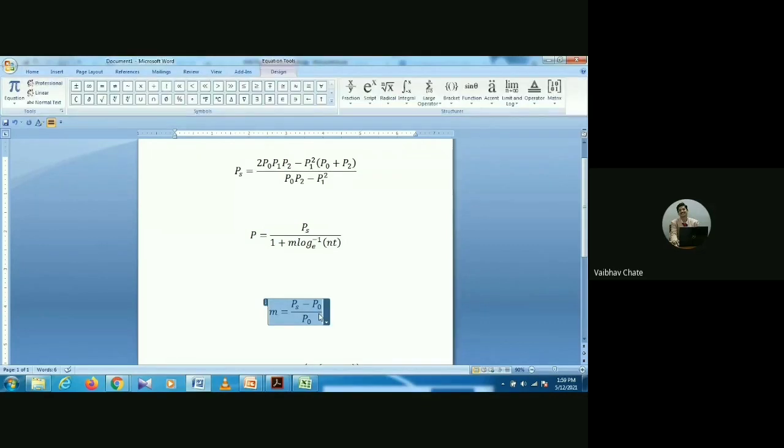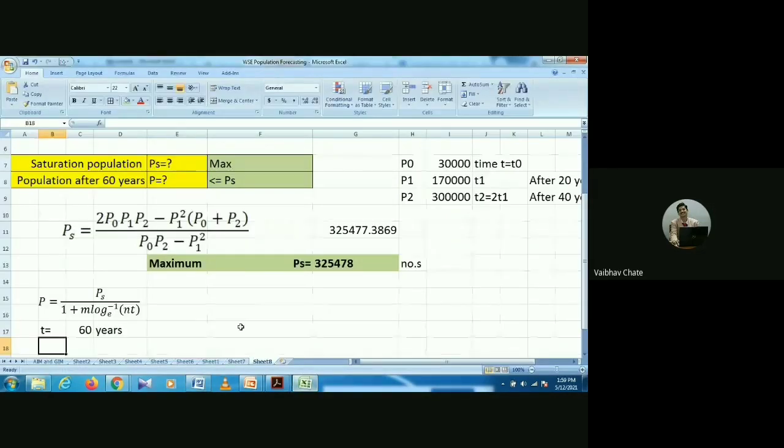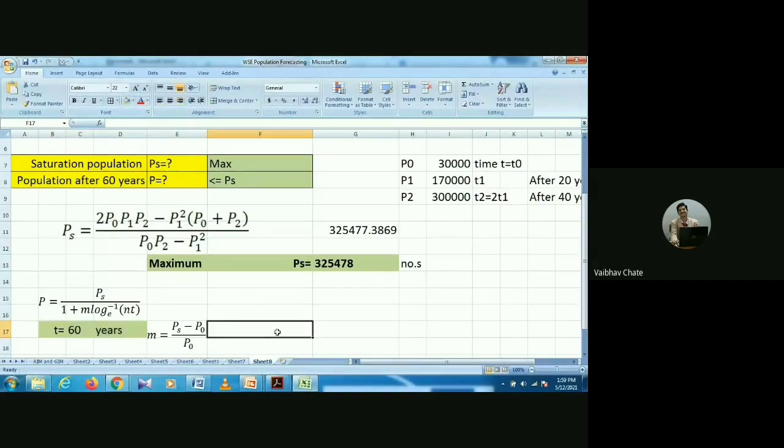This is a simple formula that we'll be using to determine the m value. Because already the t value we have noted down, it was given in the data, so there was no such problem to determine the t value. Now we have to determine the m value.